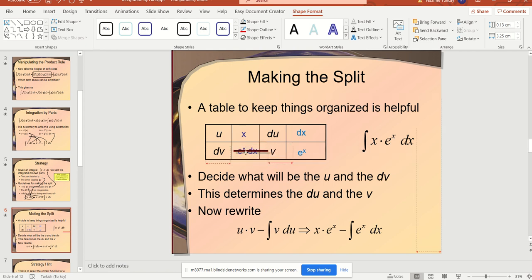Here this is x, so this is dv. We always take the derivative of this and the integral of the other one, and we use this formula, uv minus integral v du. So this is the first method.